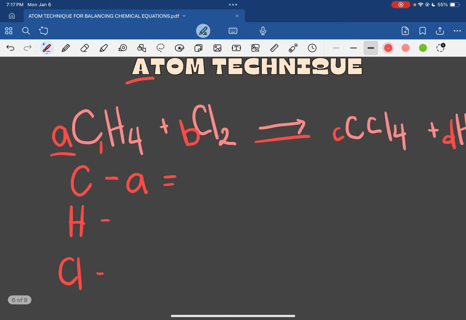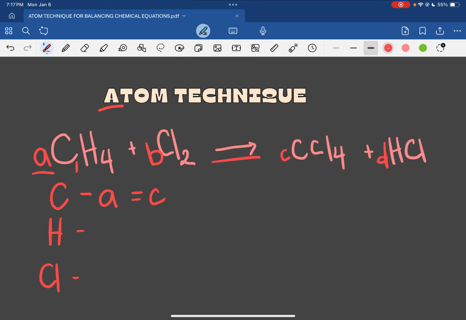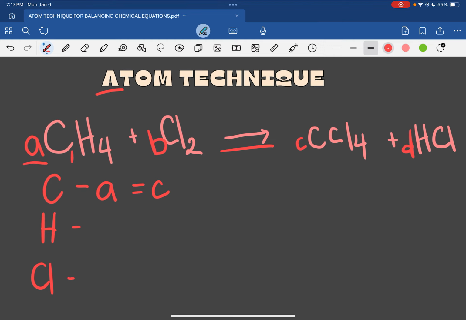So in our third substance, we can see that there is also carbon in here, meaning that there is a 1C in there and no more carbon. Now let's move on to the hydrogen atom. In our first substance, we have 4 hydrogen atoms. So 4 times A, we have 4A.